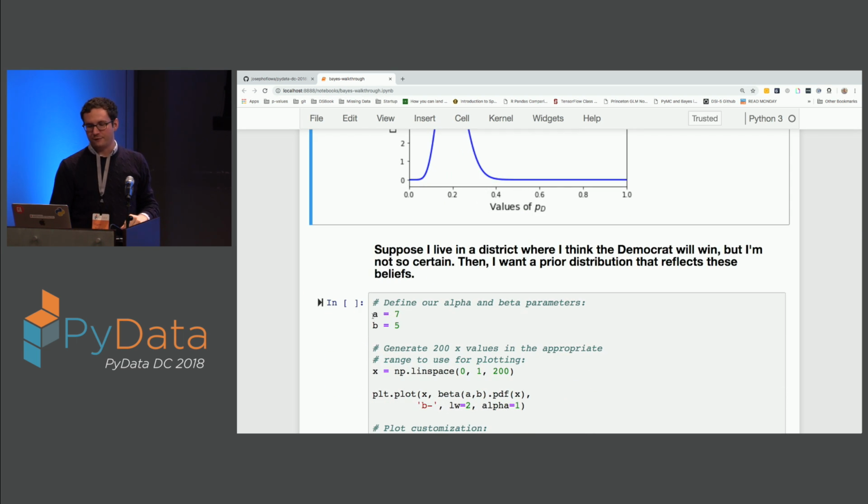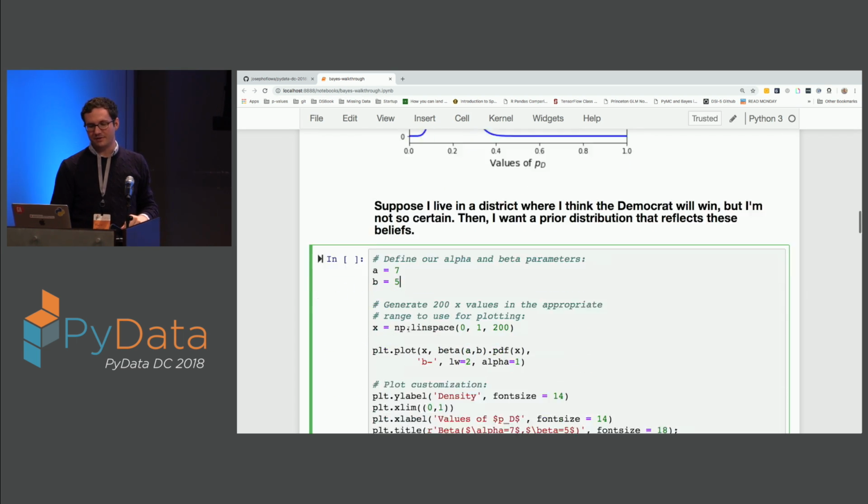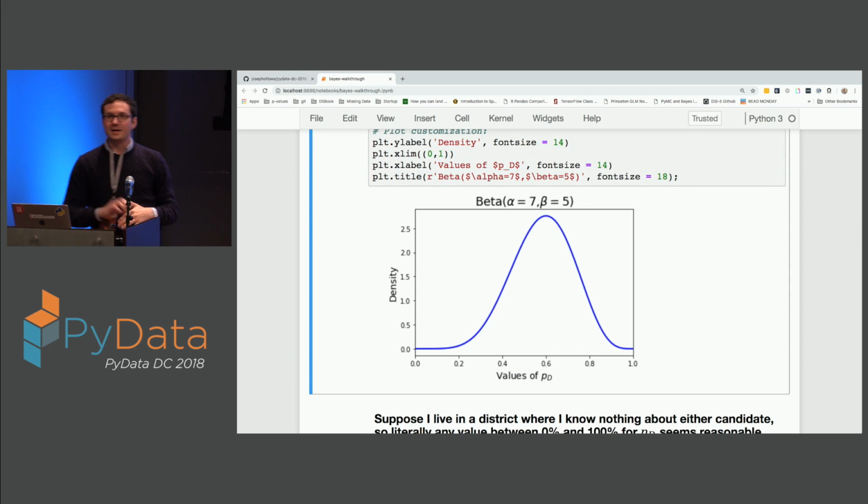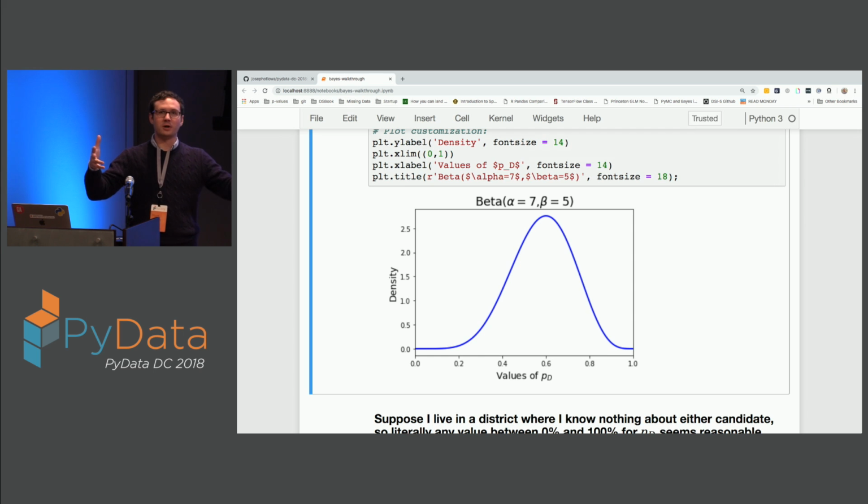So I pick alpha and beta to be 7 and 5. And we get this distribution. The likeliest value for PD is around 60%, actually exactly 7 divided by 12. But we see a much broader spread because we're less certain about what's going to happen.